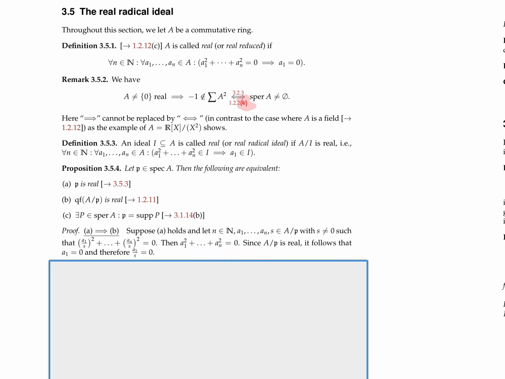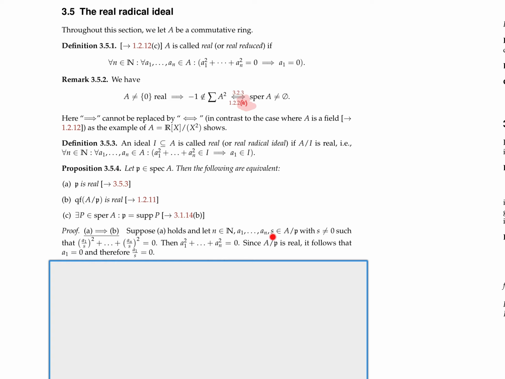So from A to B, suppose that P is a real ideal. Now we have to show that this quotient field is real. So I take elements from A mod P, and I have to take fractions of these, but I can always take the same denominator, right? Because I can represent finitely many fractions always with the same denominator, of course.